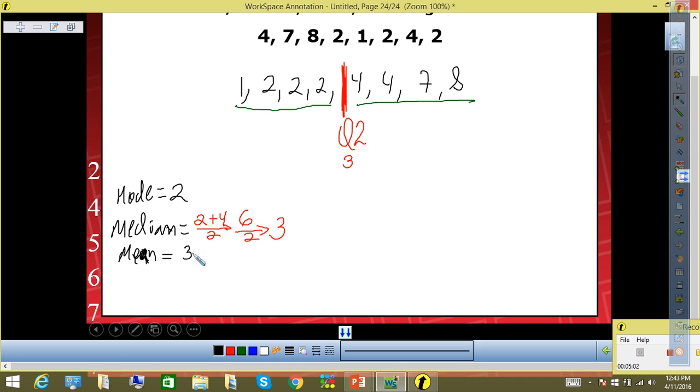Very good. 30 divided by 8. Hands, have you got 30? Okay, good. So 30 divided by 8, and that is, everyone? 3.75. That's our mean.